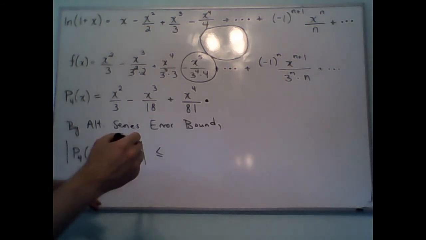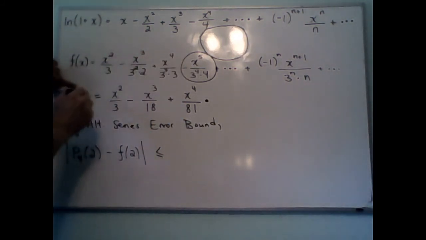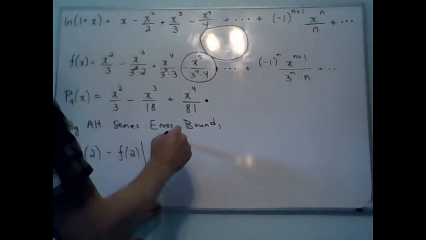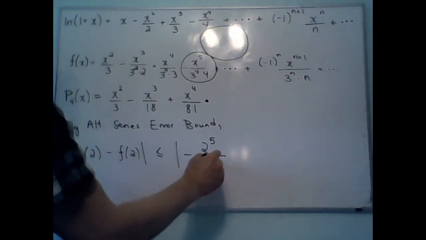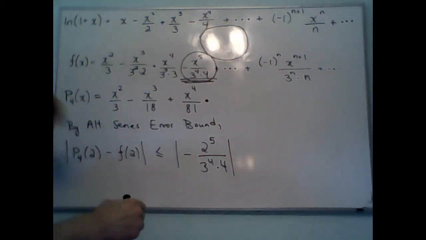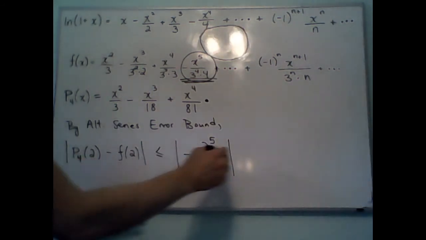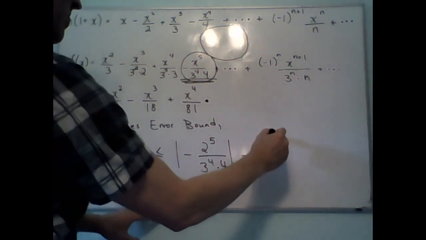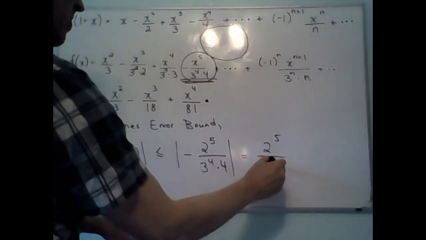So, f of 2 is what you get when you plug in 2 for x. P sub 4 of 2 is 2 squared minus 2. So the difference between them is at most the absolute value of negative 2 to the 5th over 3 to the 4th times 4. Taking that next term in the series, the x to the 5th power term, and plugging in the number 2, which is where we're evaluating these. So that's going to be 2 to the 5th over 81 times 4.